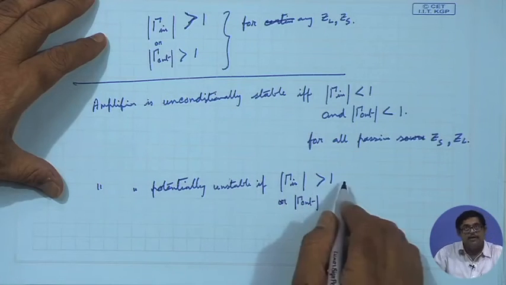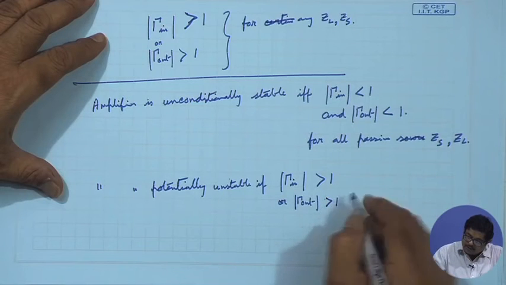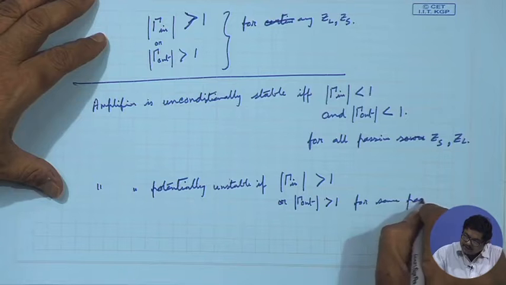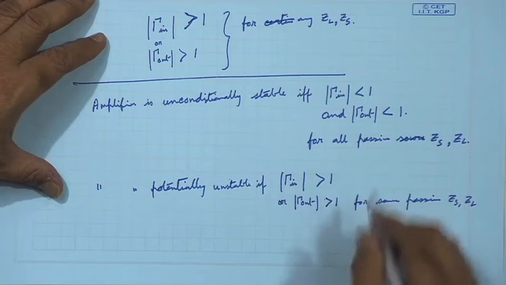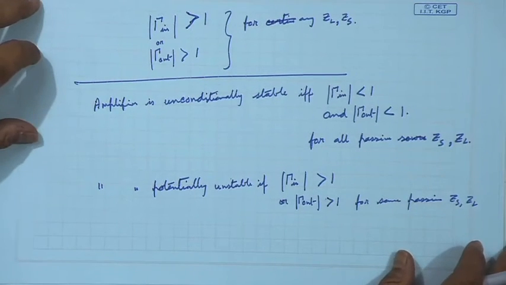It is potentially unstable if either one is greater than 1 for some passive ZS, ZL, not for all. Even if for one, we will say it is potentially unstable.